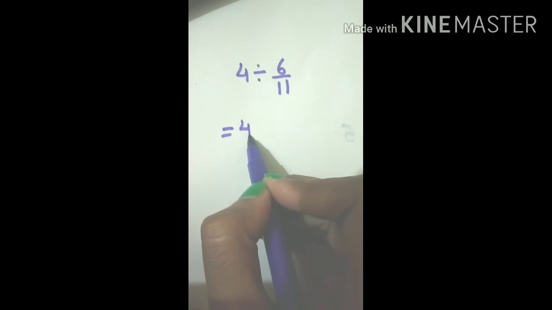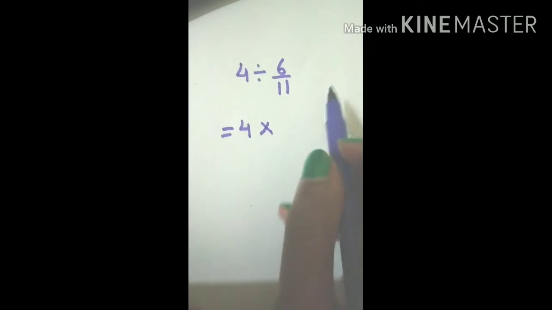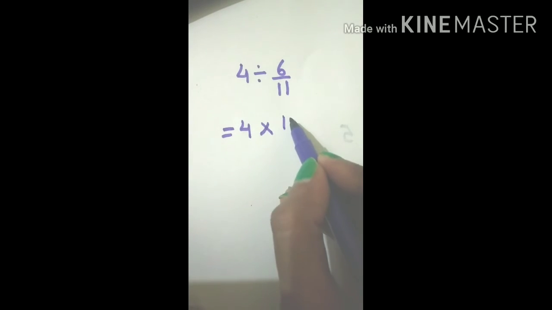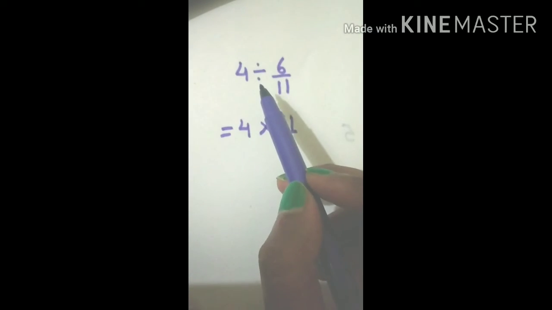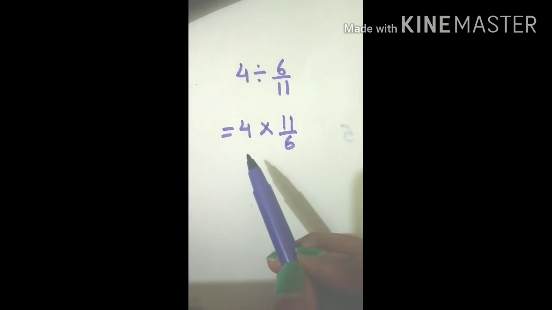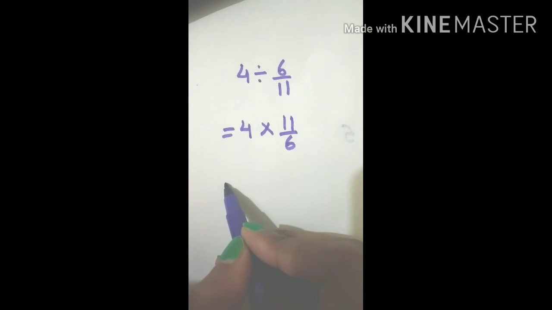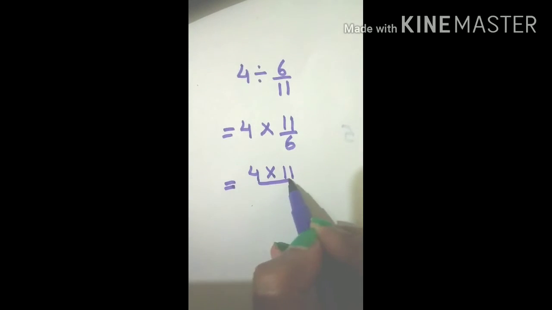So when I change this division sign into multiplication sign, 6 by 11 will become 11 by 6, because 4 divided by 6 by 11 is same as 4 multiplied by 11 by 6. So now I will write the whole number multiplied by the numerator, and the denominator will remain the same.